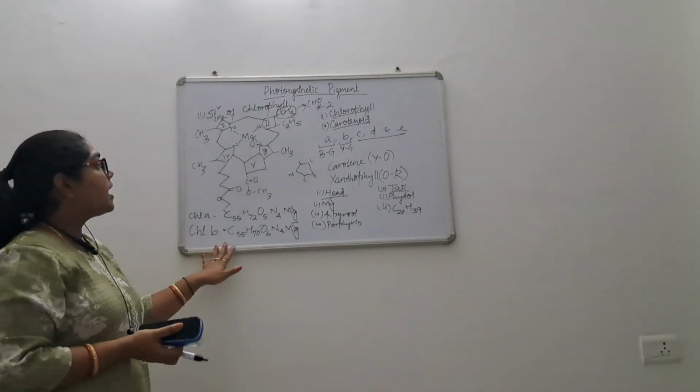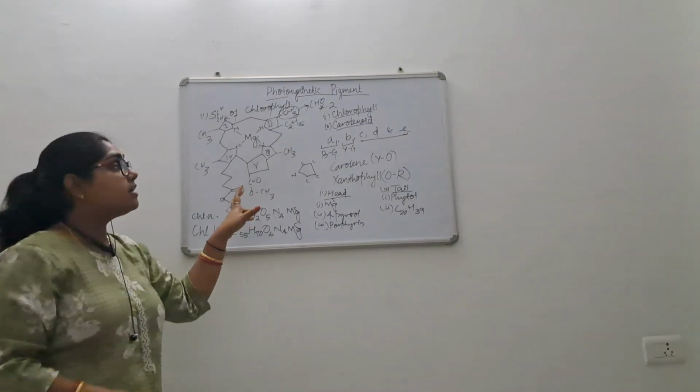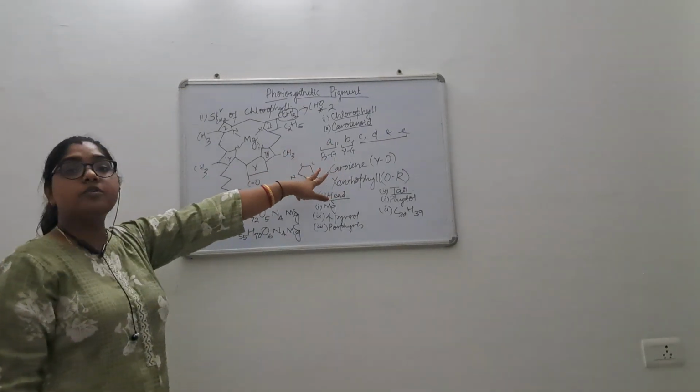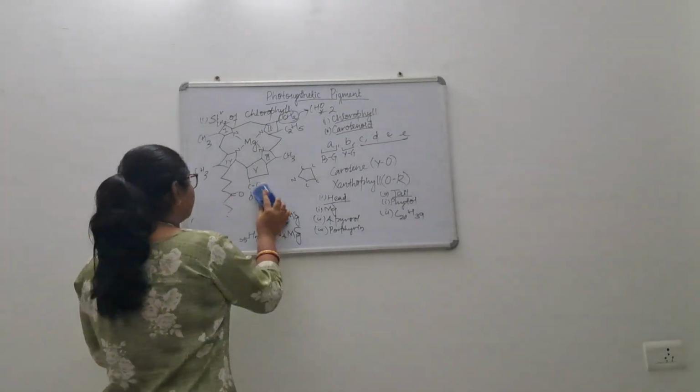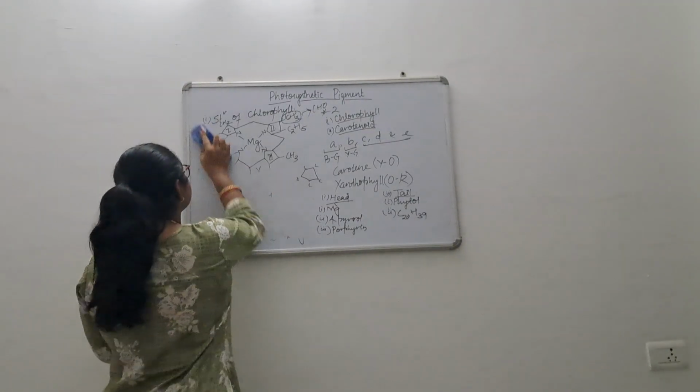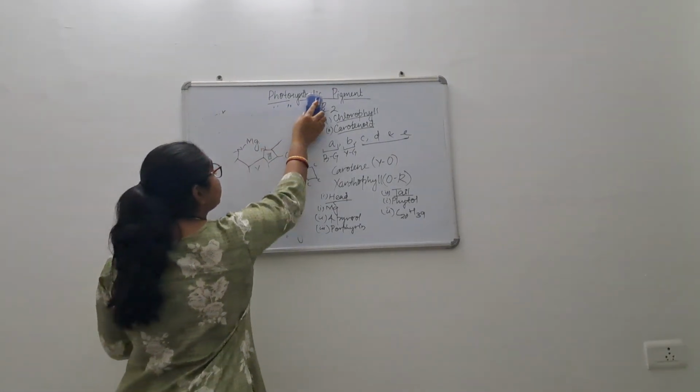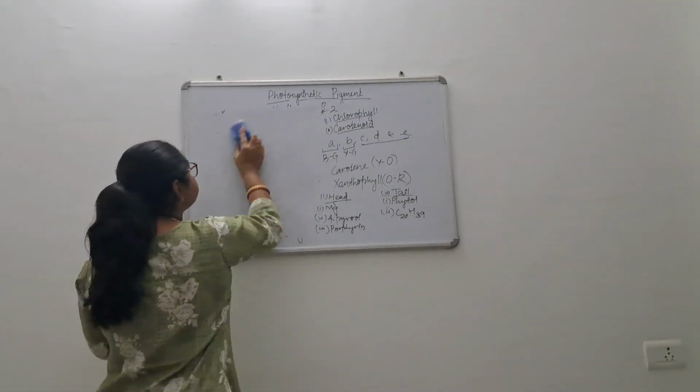Now, till now we have studied the visible light, then the chlorophyll, and the basic structure of different types of chlorophyll. Then we will study carotenoids, the second photosynthetic pigments.